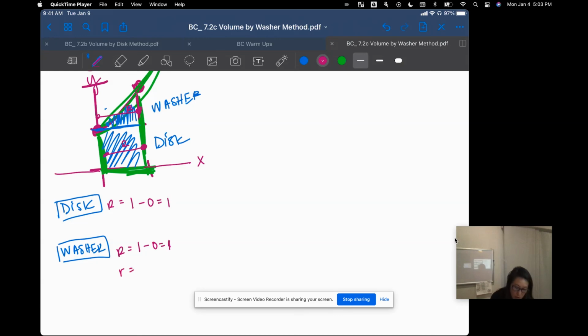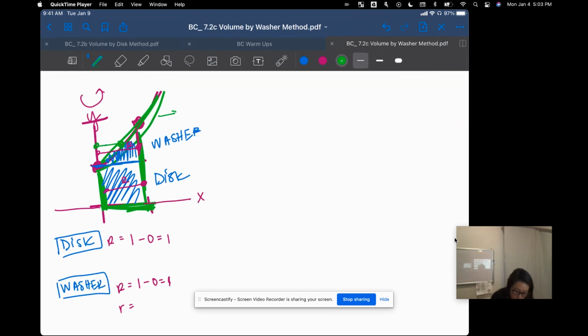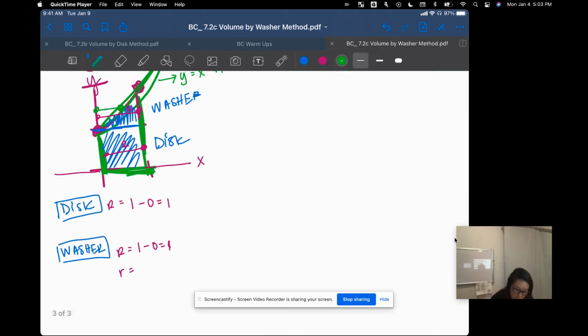Now, little r is from the inside curve to the axis of rotation. So the inside curve is y is equal to x squared plus 1. But since we're cutting dy way, we have to solve for x.